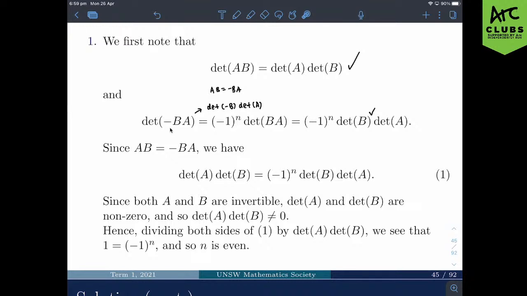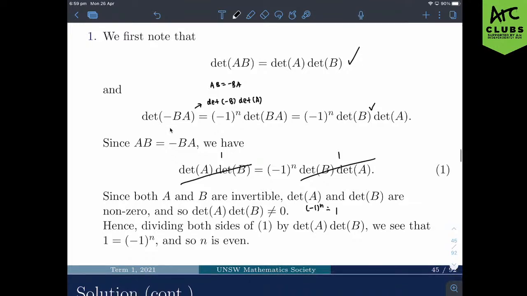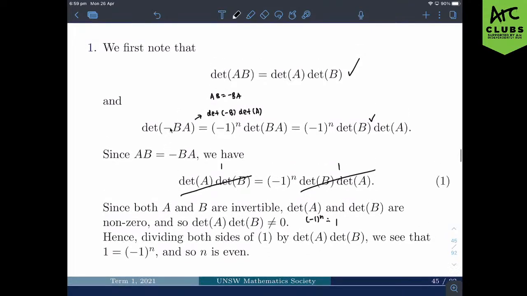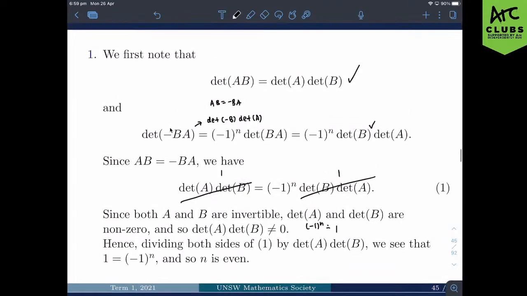So we can cancel out the determinants because we're not dividing by 0. We find that minus 1 to the power of n is equal to 1. And that can only happen when n is even. So that's how we know that n is even. Once again, determinant properties come to save us.